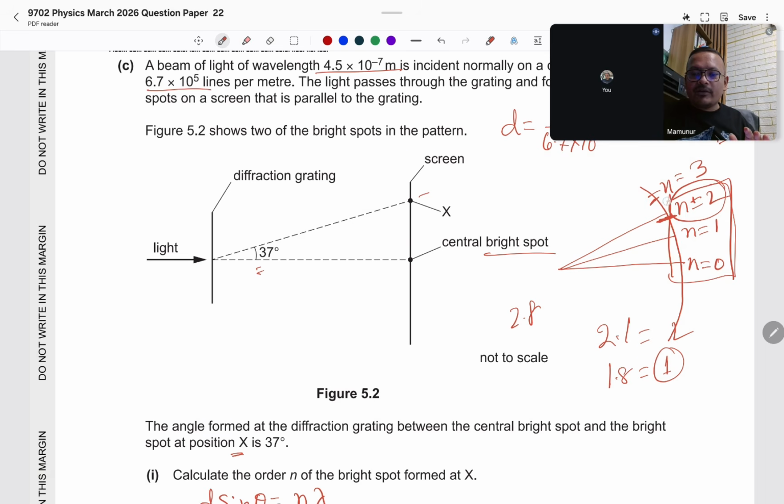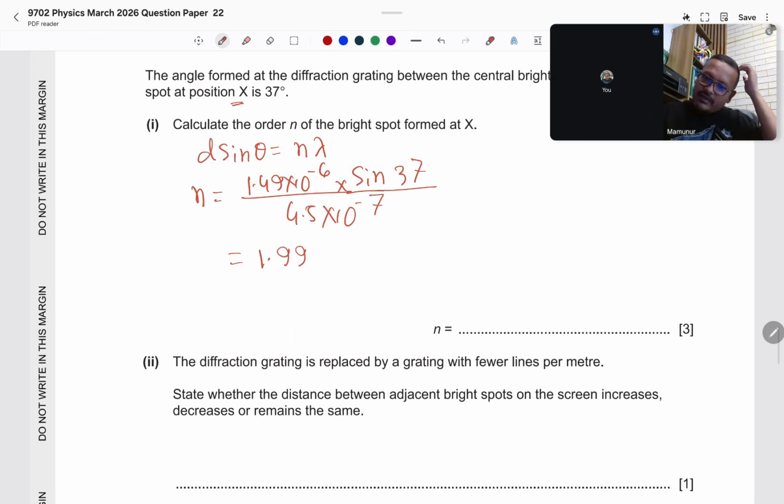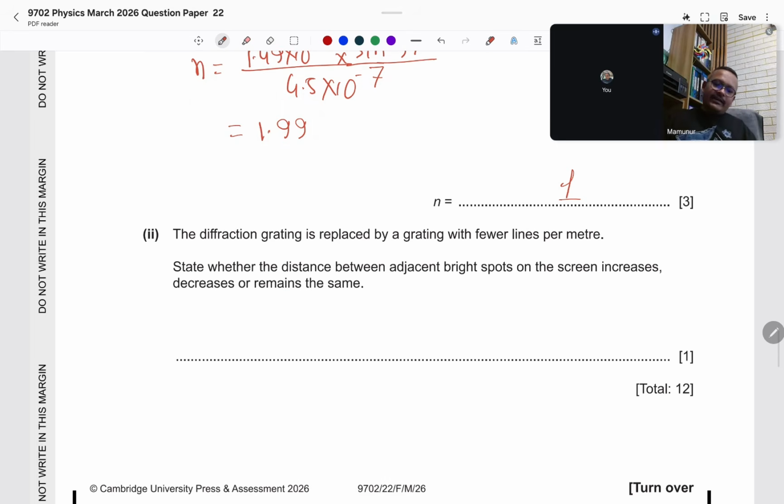This is very important, because we did not go there. N equals 3 we did not see. So here we got n equals 1.99, it will be the lesser one, so it will be n equals 1.